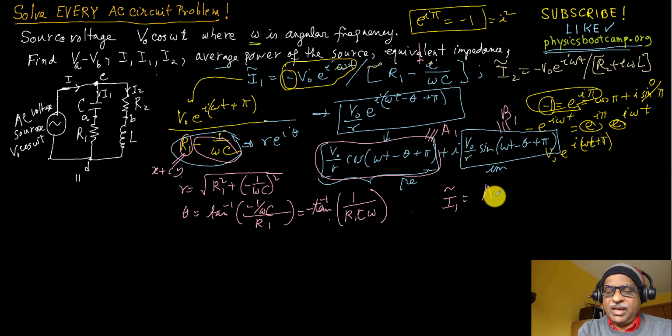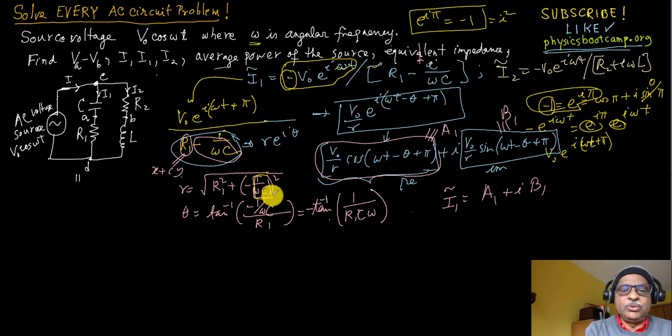So you have A1 plus IB1, and you can do the same thing, and you are going to get omega L for this. And so wherever you say 1 over omega C, you get minus 1 over omega C. For I2 this is going to be omega L. And I want you to carry it out, okay?